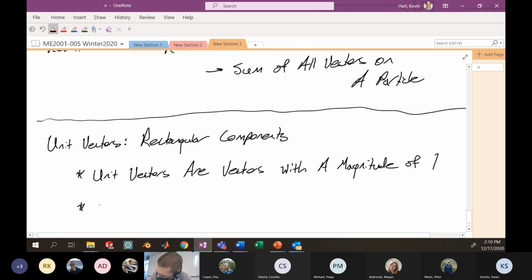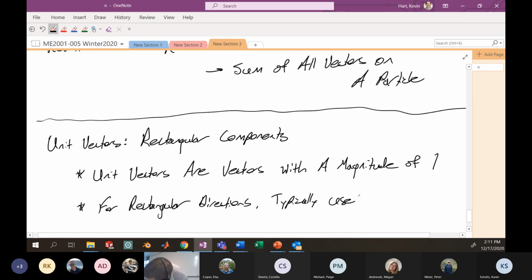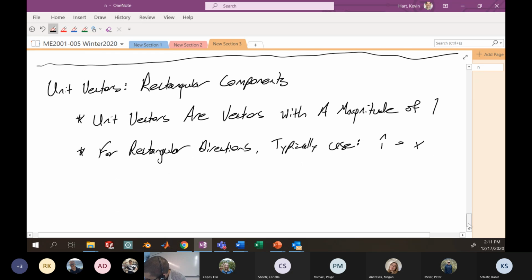So for Cartesian or rectangular directions, we typically use i for the x direction, j for the y direction, and k for the z direction.